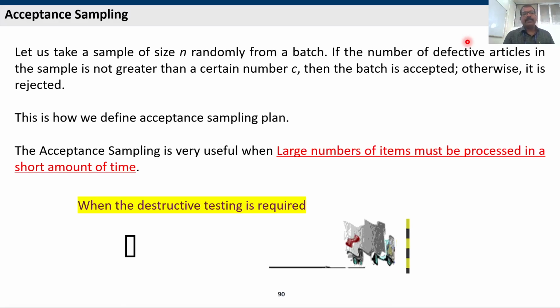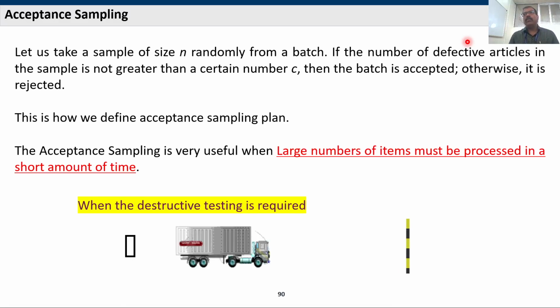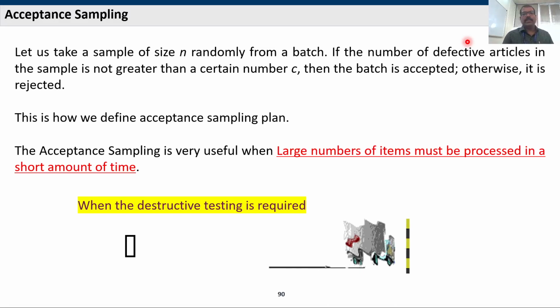Let us take a simple example. Take a sample of size n randomly from a batch. If the number of defective articles in the sample is not greater than a certain number c, if we are setting some threshold value, then the batch is accepted.